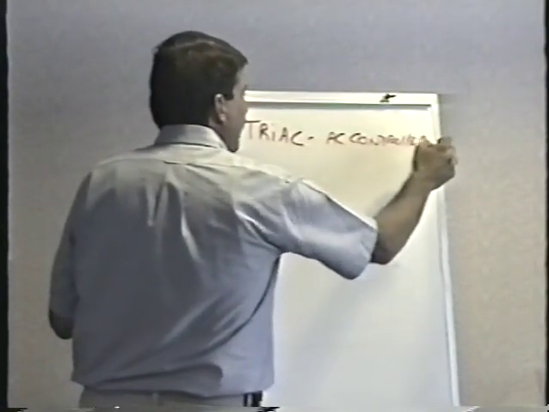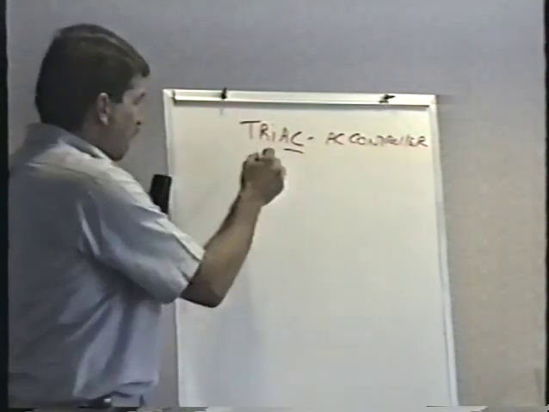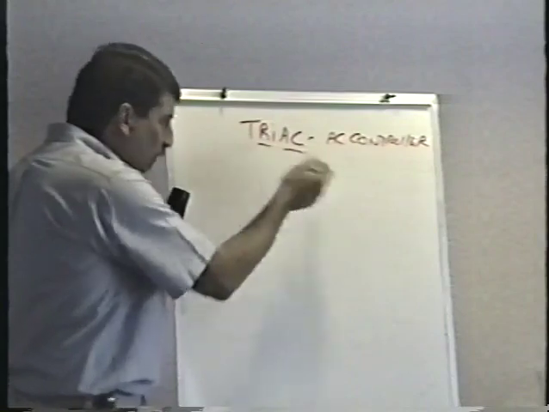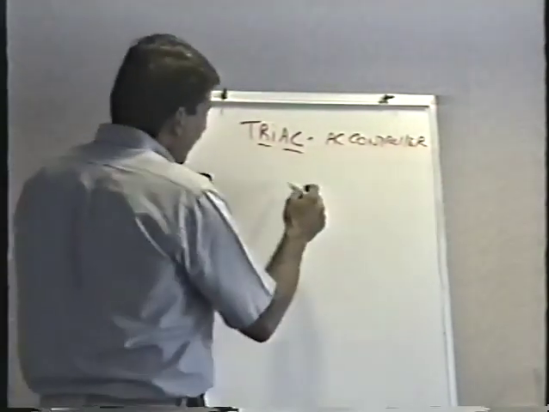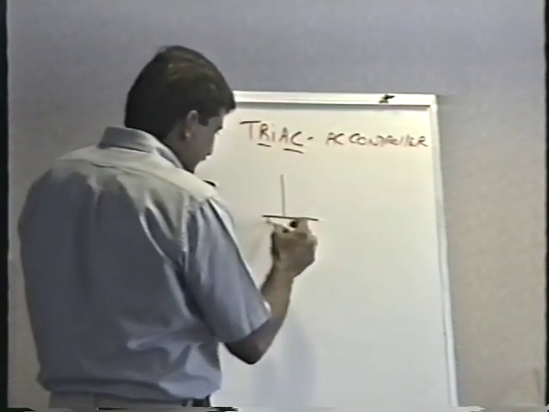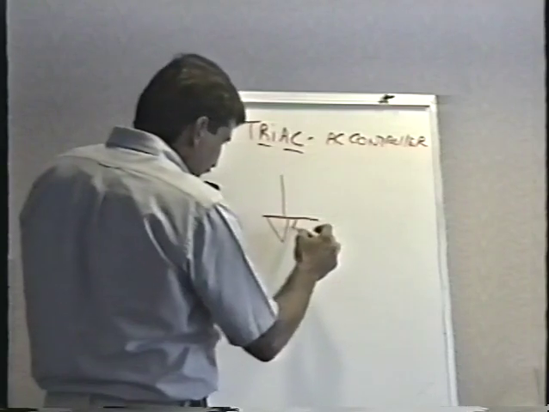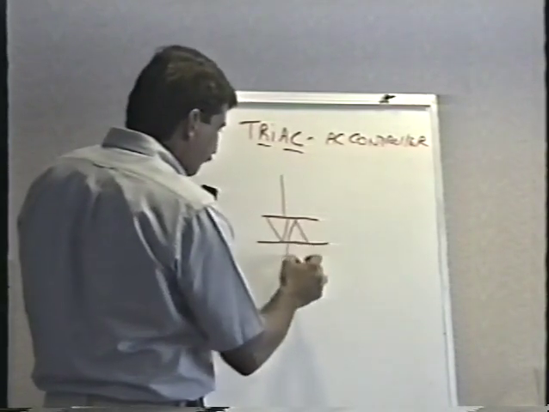In fact, that's where the AC in triac comes from. It has 3 terminals, and it works on AC, so they call it a triac. The schematic symbol for the triac looks a lot like the SCR, but it's actually like 2 SCRs hooked up together.